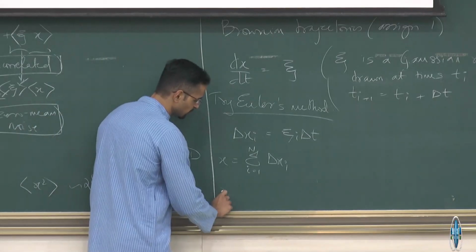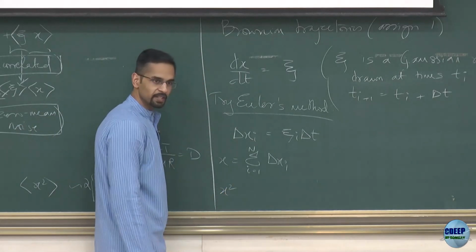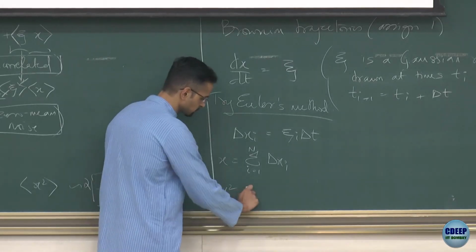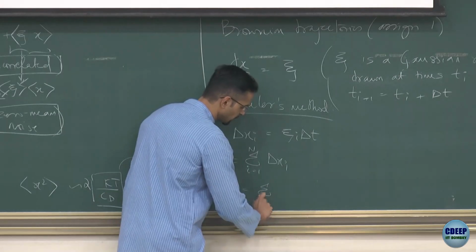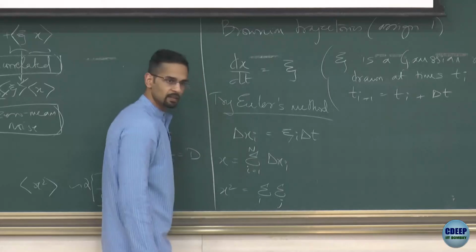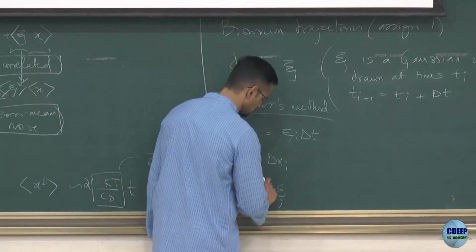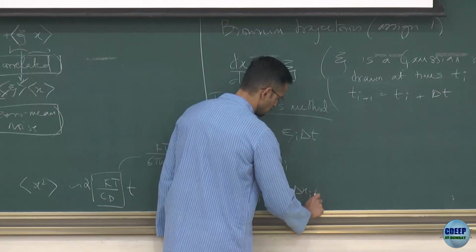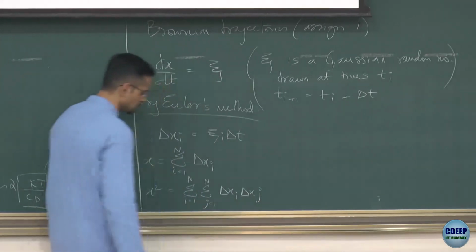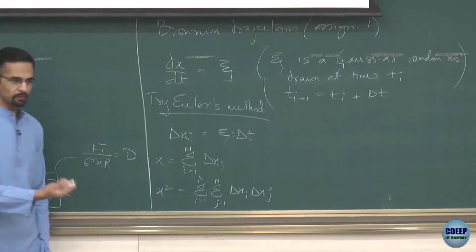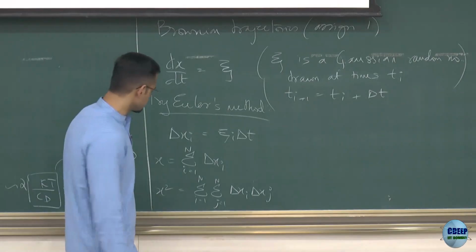But this also means, let's see what happens if I take x square. It will be a double sum over i and over j. You agree? I have to keep different i's and j's because they are two separate x's.